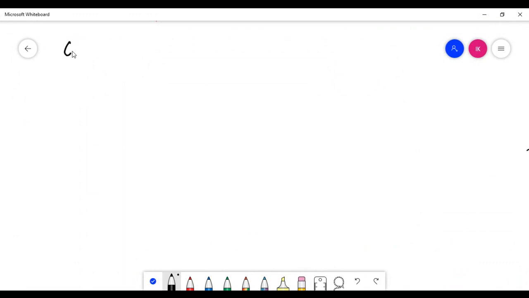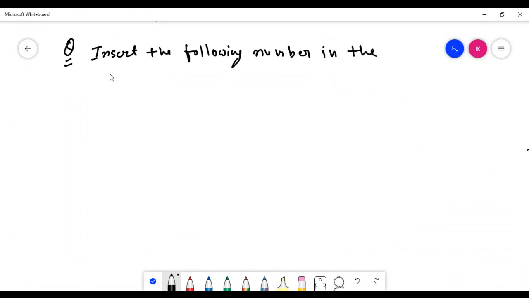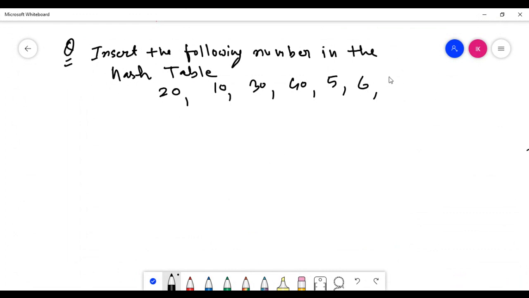For one question, I take a small one: insert the following numbers in the hash table: 20, 10, 30, 40, 5, 6 and 7, for example. Now, anybody tell me what is the hash function here?